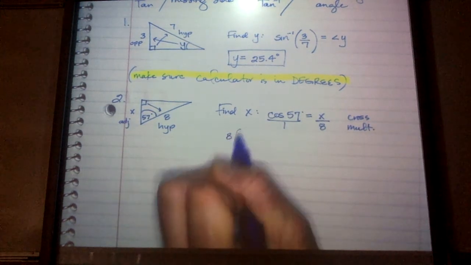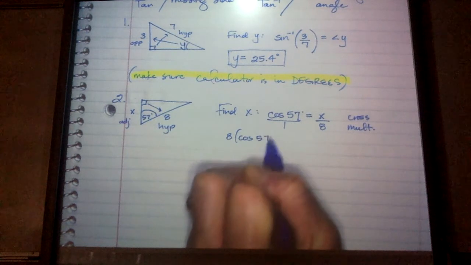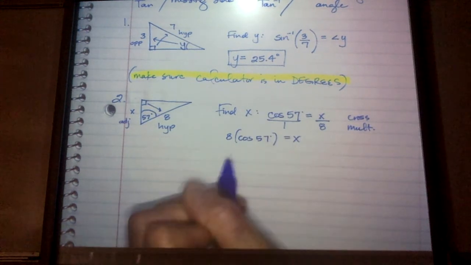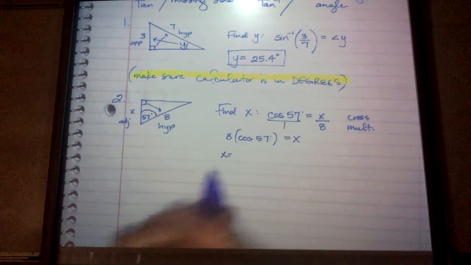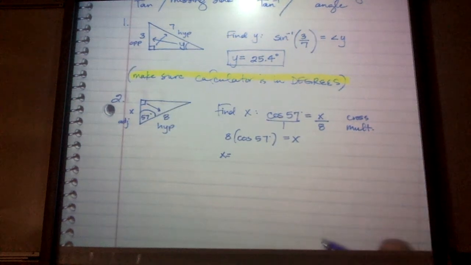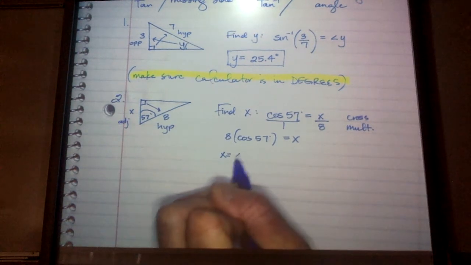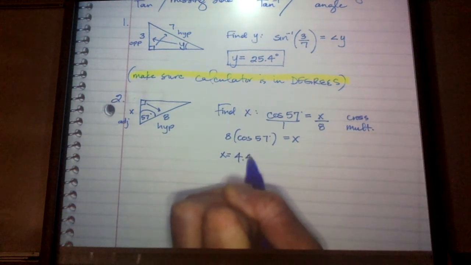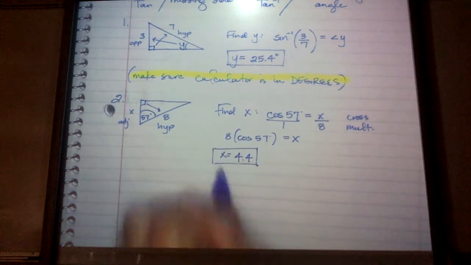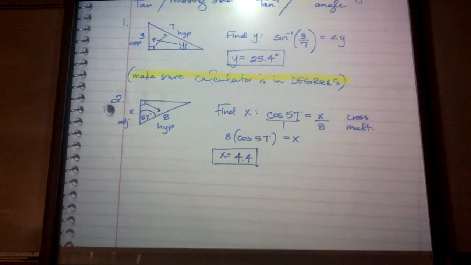So 8 times the cosine of 57 degrees equals x. So if you enter that in your calculator, I got 8 times the cosine of 57, and I got x equals 4.4. Okay, so that's a review of SOHCAHTOA.